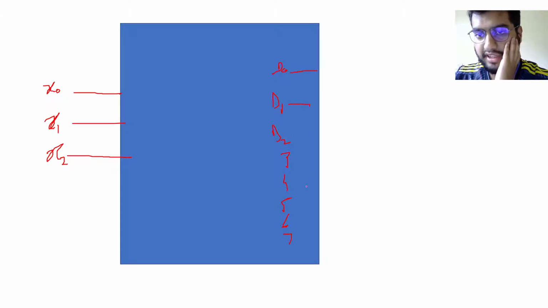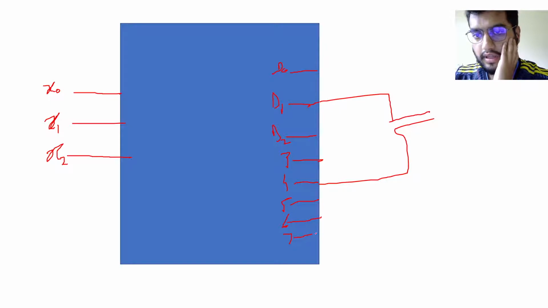Please read them as D3, D4; in the interest of time, I am not writing them. And 1, 4, and 7 are connected to the NOR gate.